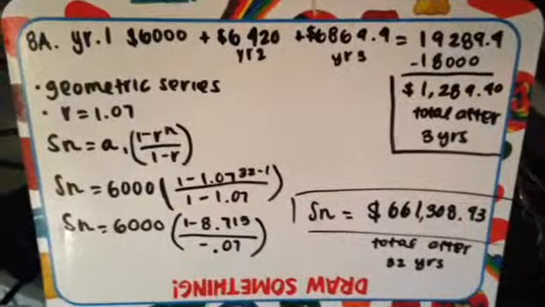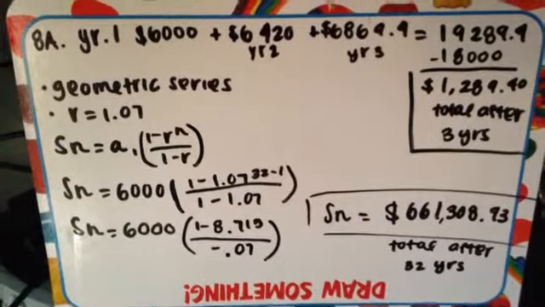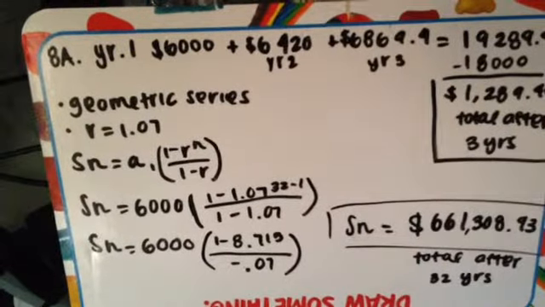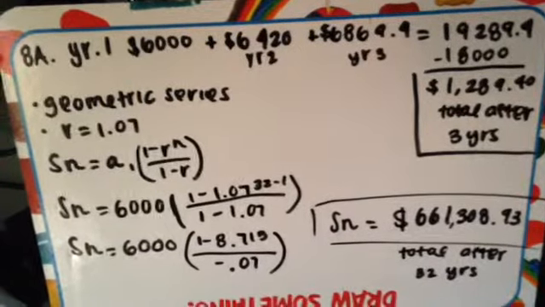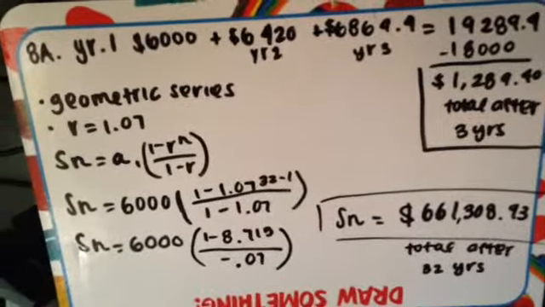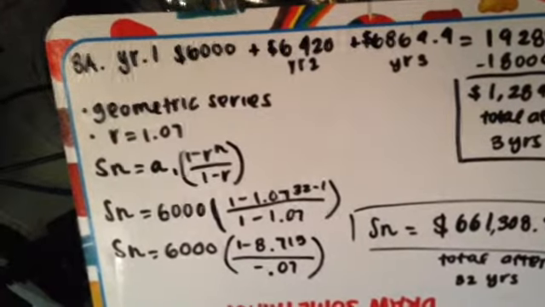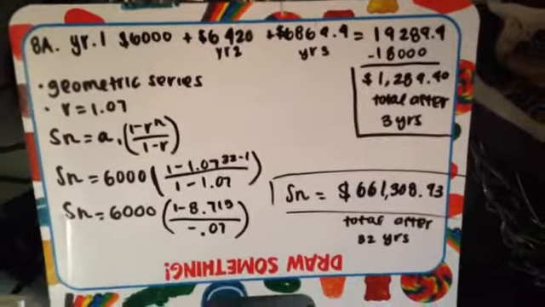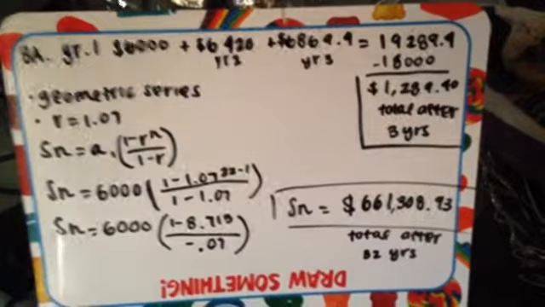Alright, so on January 1st, you deposit $6,000 in a retirement account that pays 7% annual interest. You make this deposit each year on January 1st for the next 32 years. We're trying to find out how much money you have in your account immediately after you make your last deposit, the total after 32 years. So you're just going to find the pattern, and we find out that this is a geometric series.